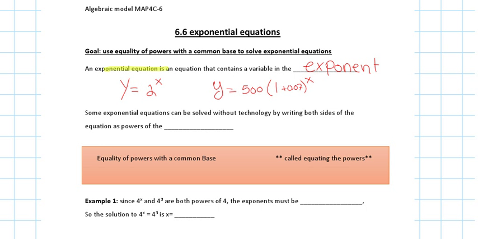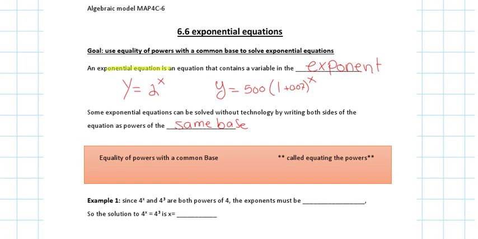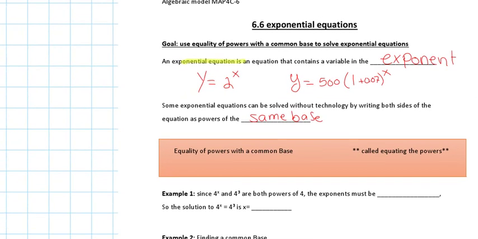So, some exponential equations can be solved without technology by writing both sides of the equation as powers of the same base. So what does that mean? This is all too many English words in a math class. Okay, so here's a question for you. If I say 4 to the power of x is equal to 4 to the power of 7, what does that mean?